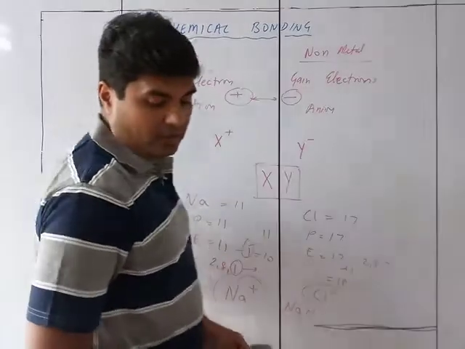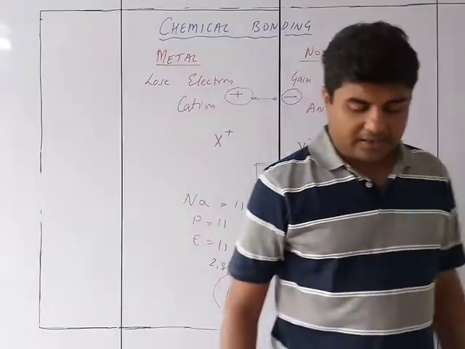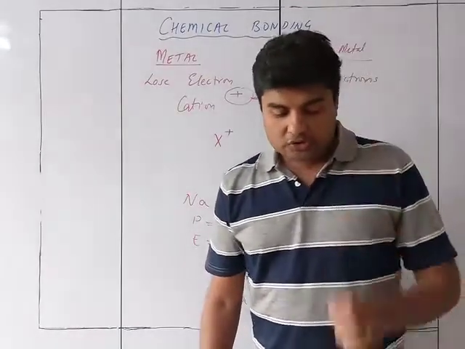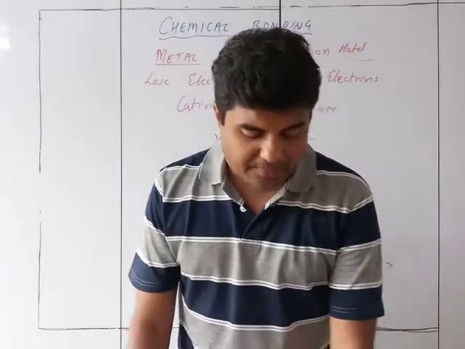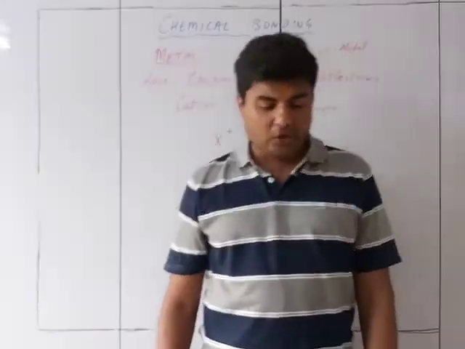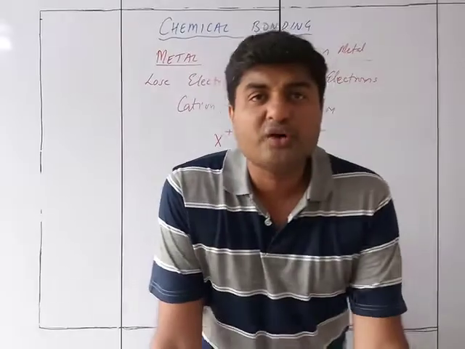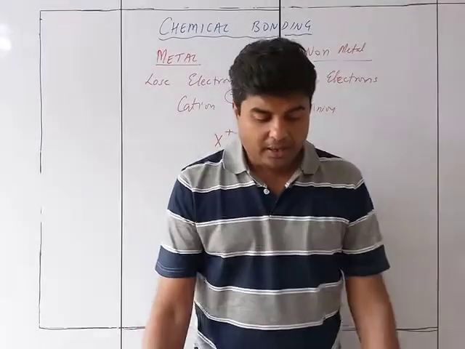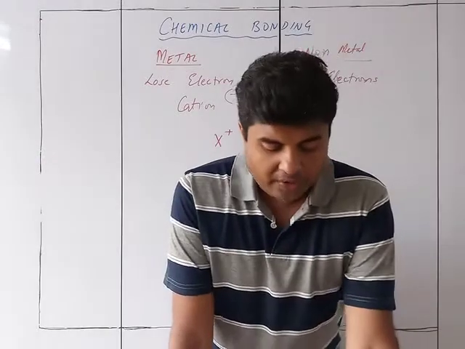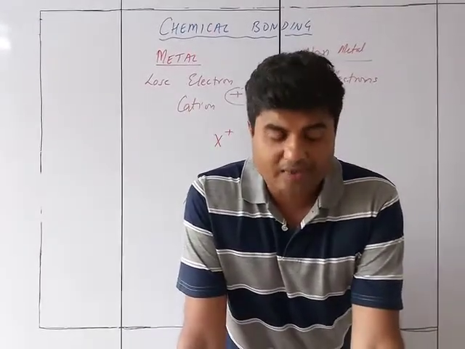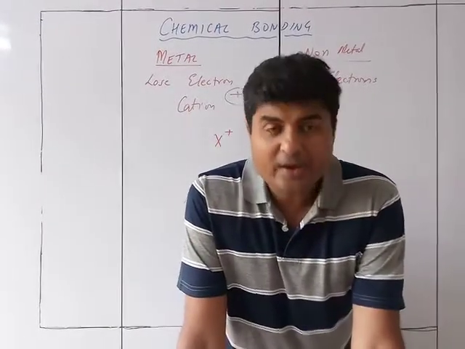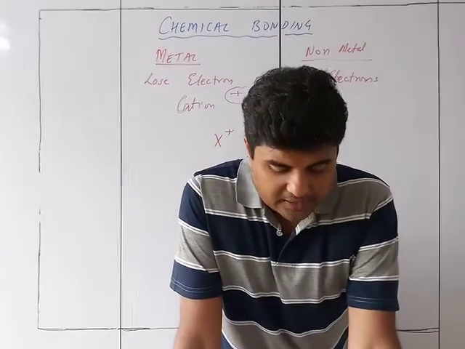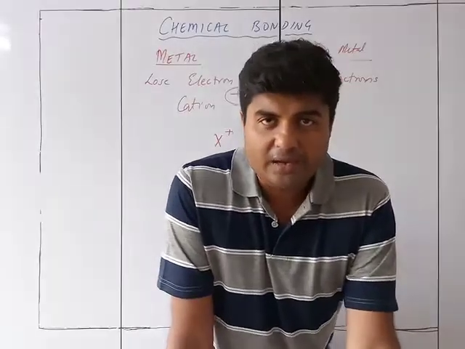So this is how electrovalent or ionic compounds are formed. We know that the chemical bond formed between two atoms by transfer of one or more electrons from the atom of a metallic or electropositive element to an atom of a non-metallic, that is electronegative, element.